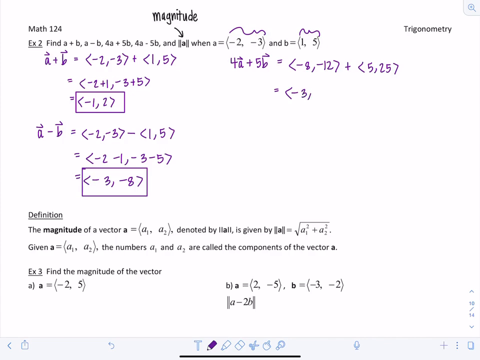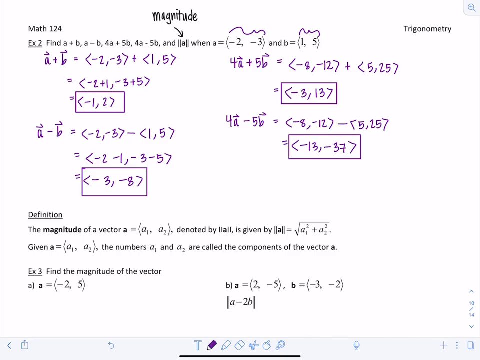This would be <-3, 13>. Okay, and then last thing is 4a minus 5b. I already have 4a and 5b, right? So <-8, -12>, now minus <5, 25>. And this gives us <-13, -37>.